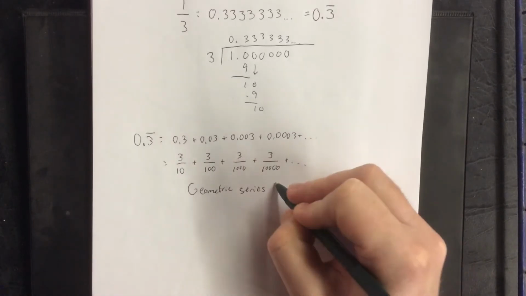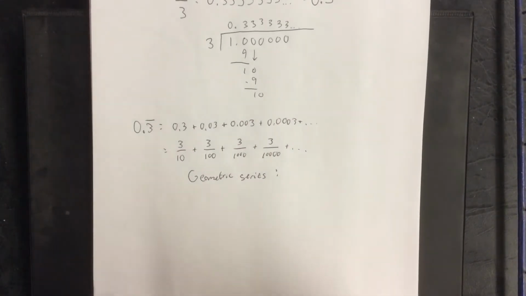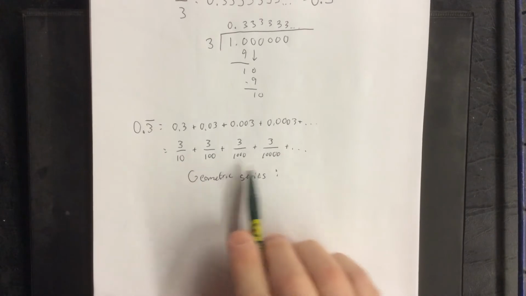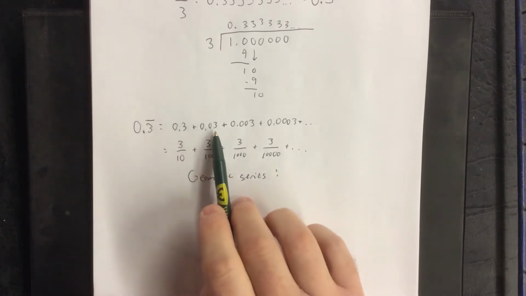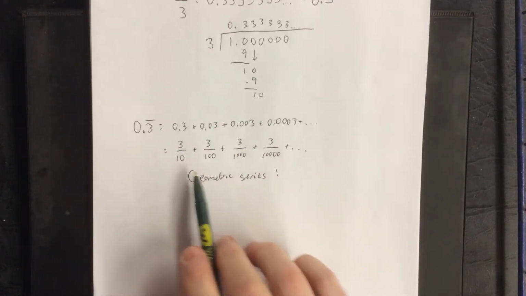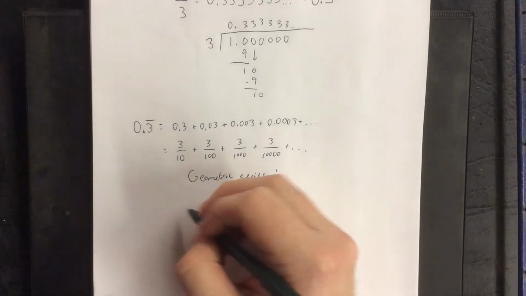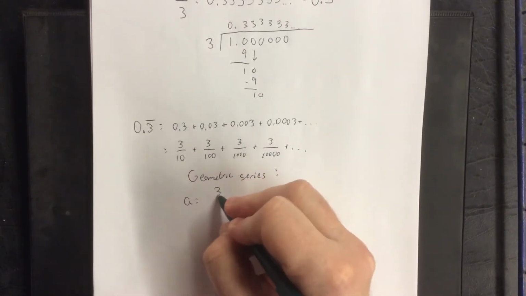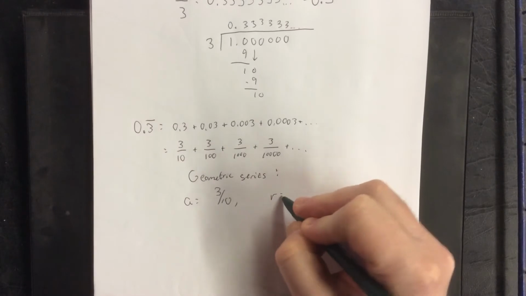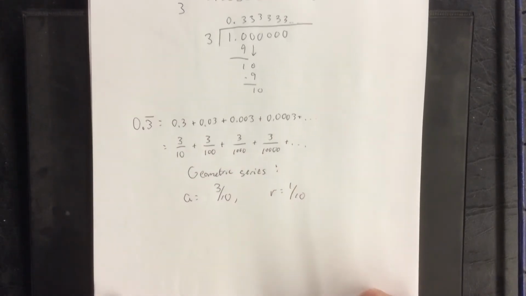The reason that it's a geometric series is because to go from decimal place to decimal place, we would have to multiply by 0.1, or 1/10. So with that in mind, our first term is 3/10, and our common ratio is 1/10.